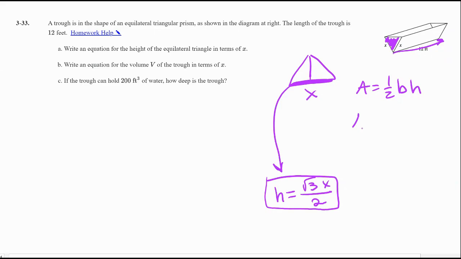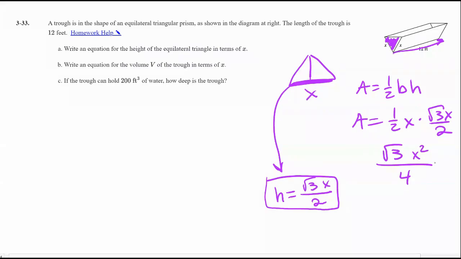The area is equal to 1/2 of x times √3 x over 2. Multiply across here, so we get √3 x squared over 4. And that's the area of that triangle.